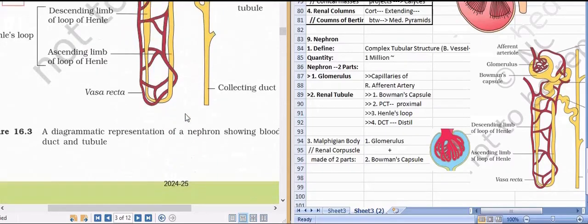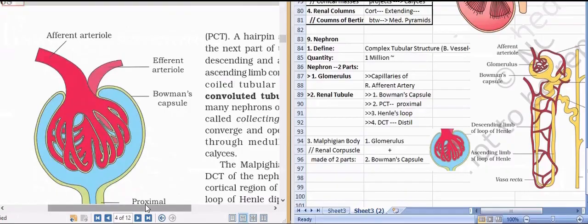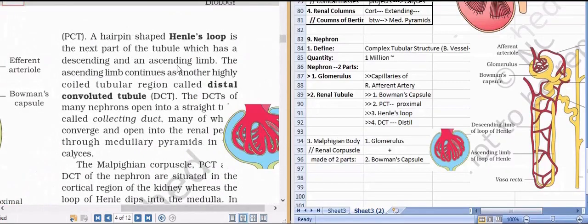After this he's saying it's a convoluted tubule, it's the Malpighian body. See PCT. Next is a hairpin loop, the next part of the tubule, which has two parts: a descending loop and an ascending limb.